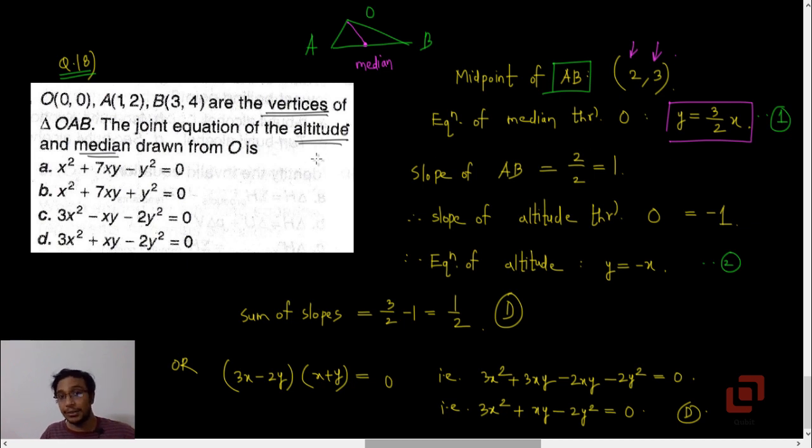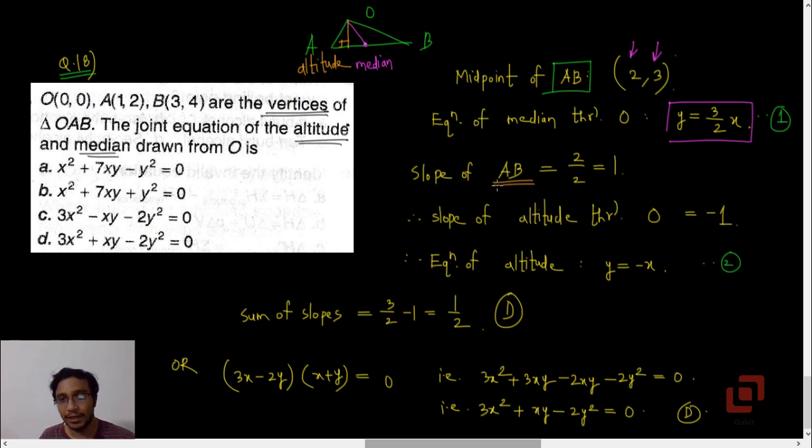Now let's go to the altitude. Now the altitude through the origin is going to be the line which is perpendicular to AB. Well, you should first know that, only then you can solve the problem. And for the altitude we need the slope of the altitude, and for that we need to use the fact that the product of slopes of two perpendicular lines is -1.